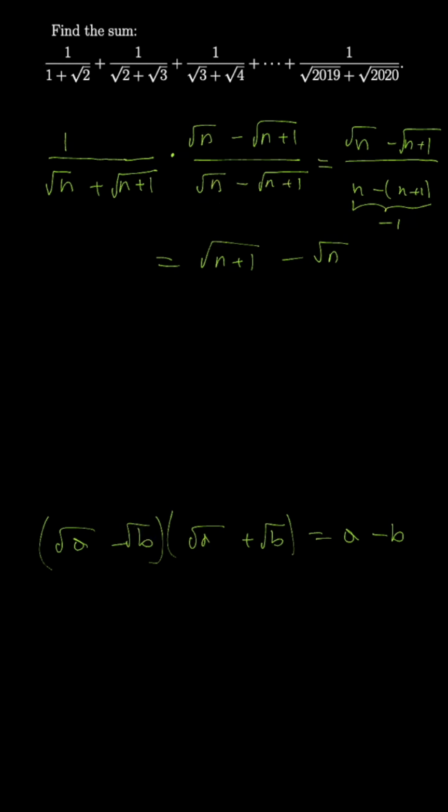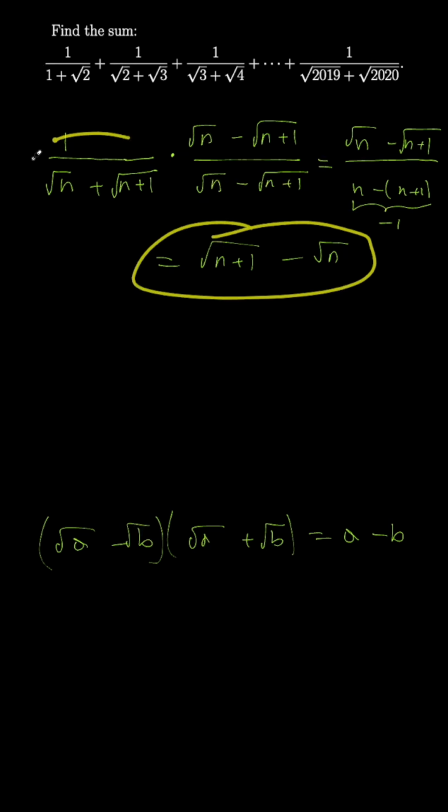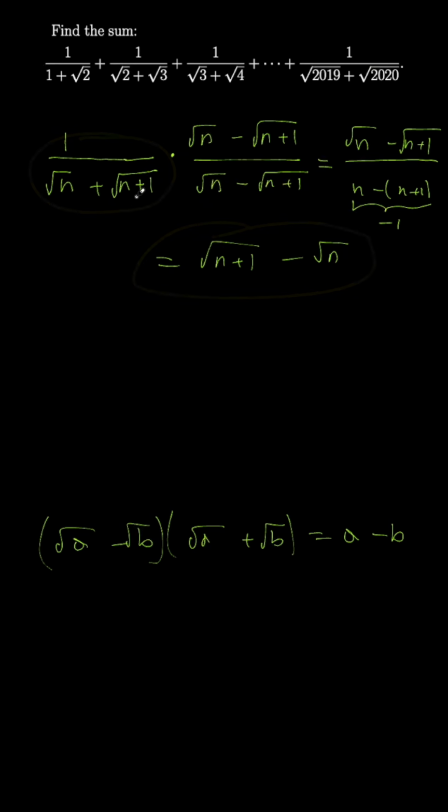So as you can see, this expression altogether is equal to this one. So these two are equal to each other. So in these expressions, fractions, I can replace them using this formula now. So instead of this one, first I'm going to write square root of 2 minus square root of 1.